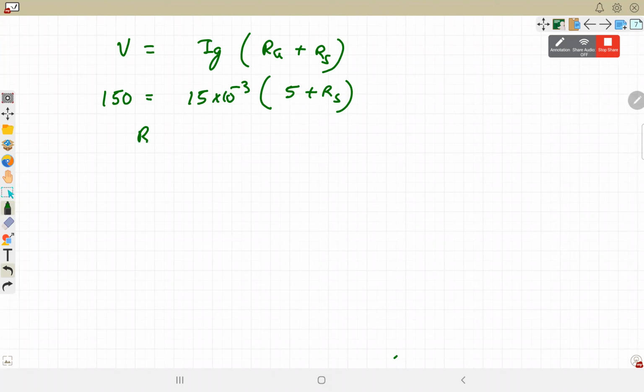So 10 into 10 to the power 3, so 10 to the power 3 minus 5.